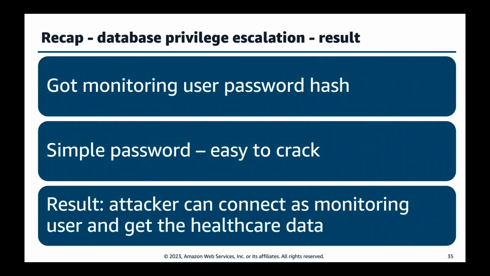All right. So we got the monitoring user. That was a simple password. That was another issue in this case study. It was a super simple password because people were thinking that this is an unprivileged user. And as a result, an attacker can connect as the monitoring user and get the data.